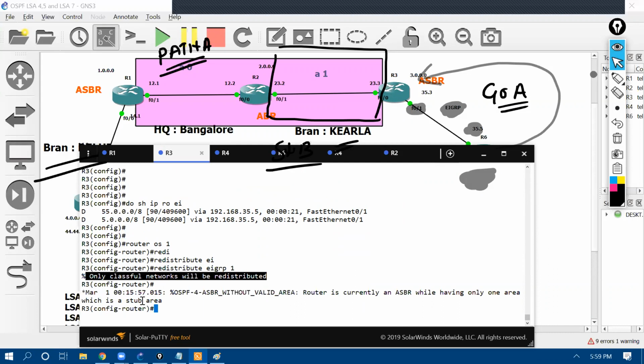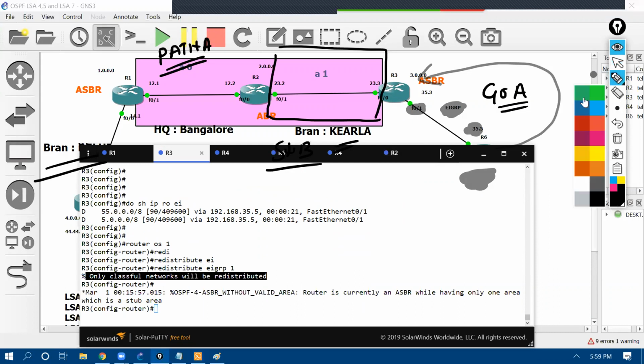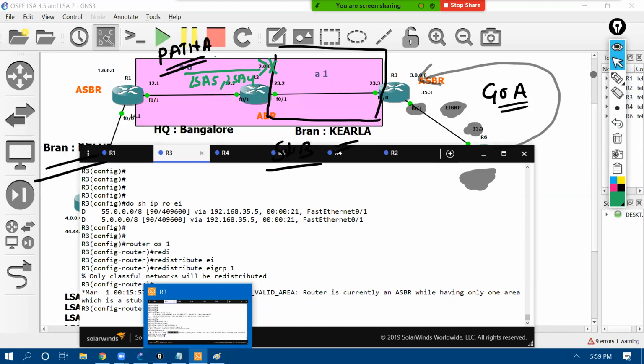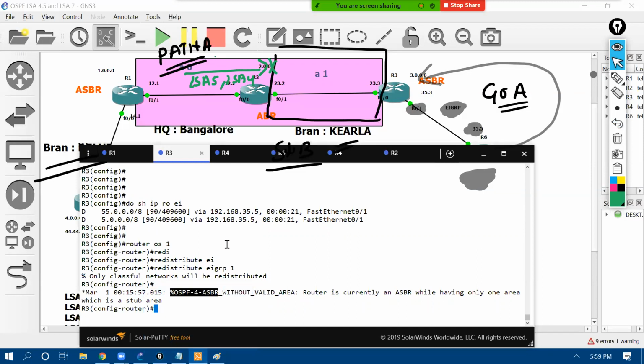At the same time, what happened? He's giving the message: ASBR router is not allowed.